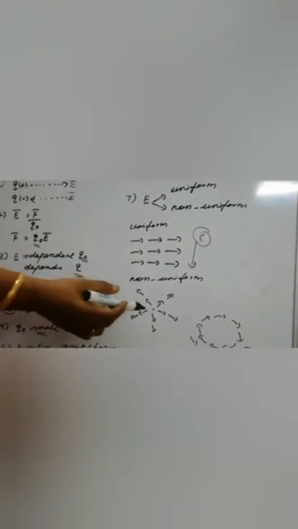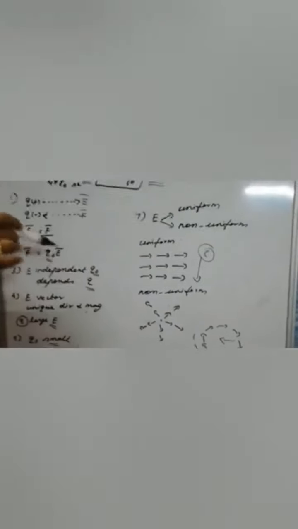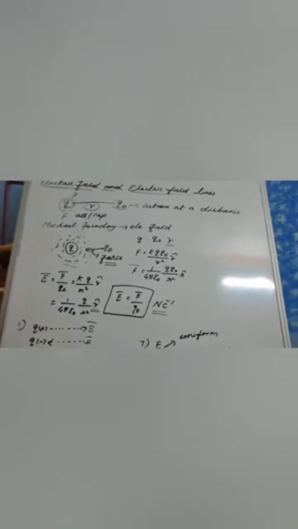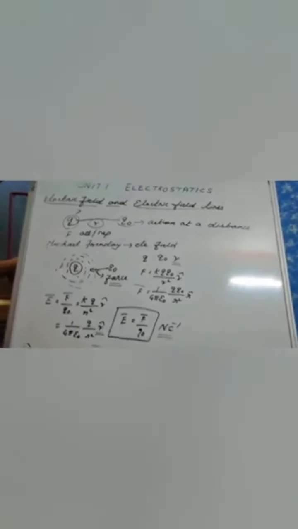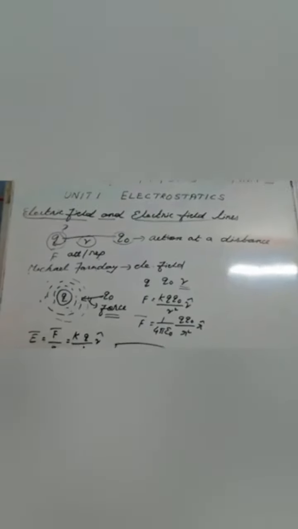The direction is radially outwards or inwards, and the magnitude is reduced as the distance increases. So in this topic, we discussed what electric field is, and some important aspects of electric field.